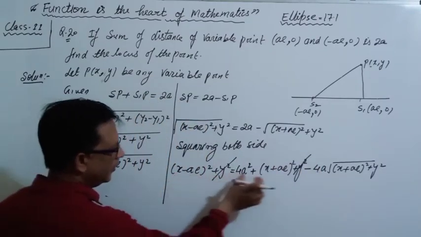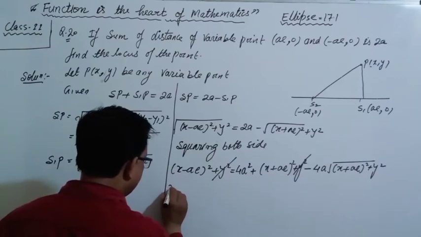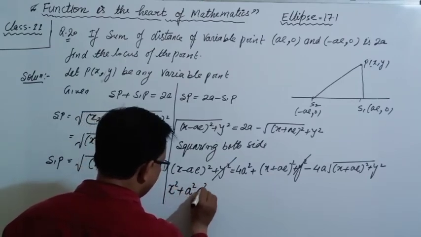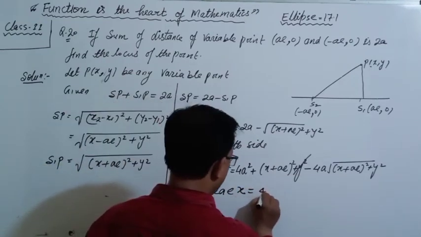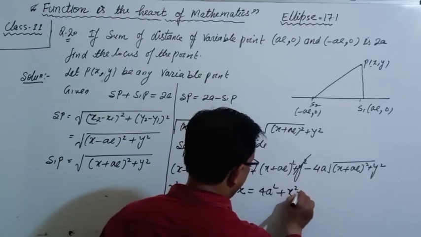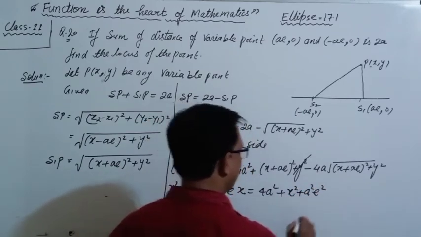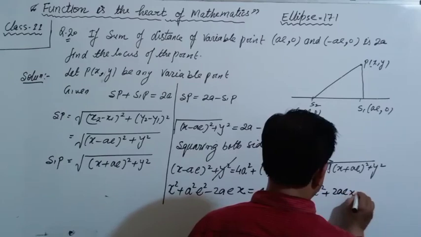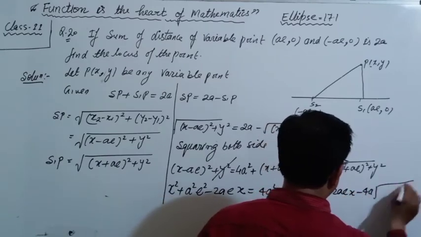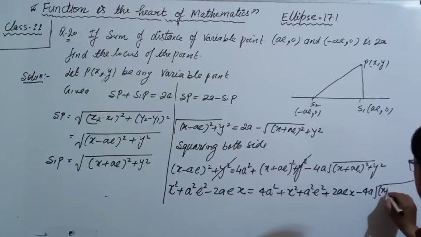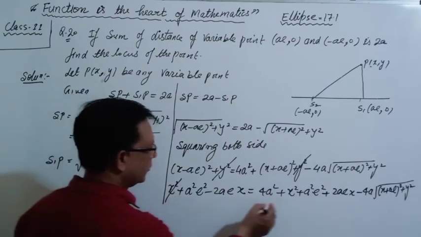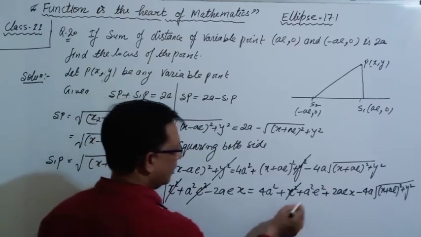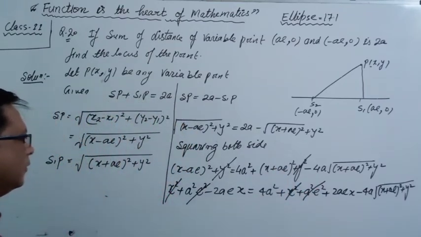Here we open the bracket, here also we open the bracket, so we get x square plus a square e square minus 2aex is equal to 4a square plus x square plus a square e square plus 2aex minus 4a times the square root of (x plus ae) whole square plus y square. Now something cancels out, x square cancels out, a square e square also cancels out.